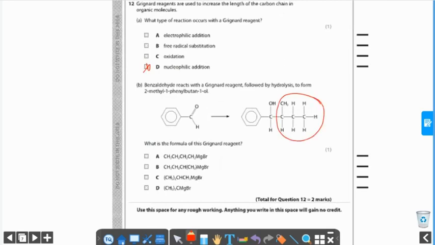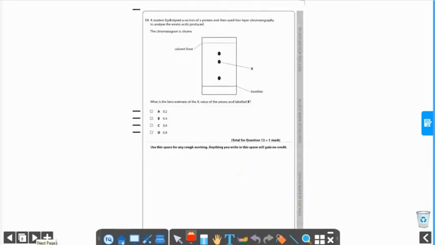So it's a 2, halogen should be in the second carbon, right? Yeah. This should be the Grignard reagent. Is the answer like this? Yeah, B. Aldehyde, you get a secondary alcohol. Okay.